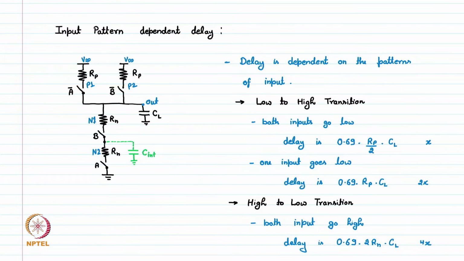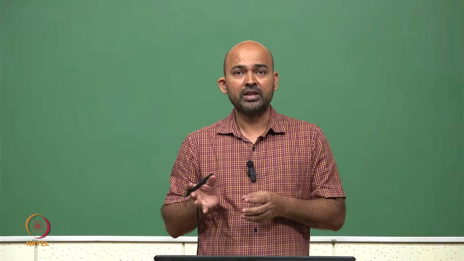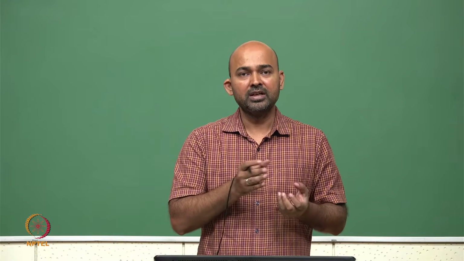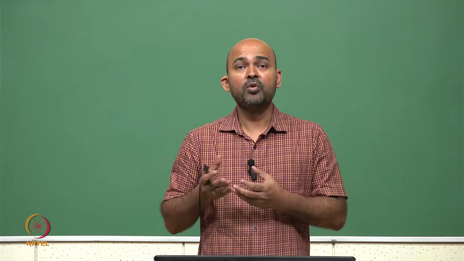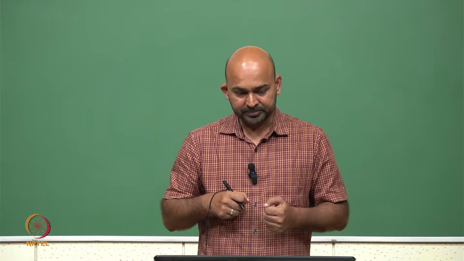If x is, let's say, 100 picoseconds, then the worst case delay of this gate is 400 picoseconds. For one pattern the delay is 100 picoseconds, and for another pattern, while going from high to low at the output, the delay can be as high as 400 picoseconds. So we need to take care of this while designing our digital gates.